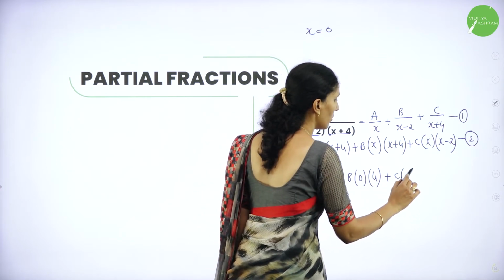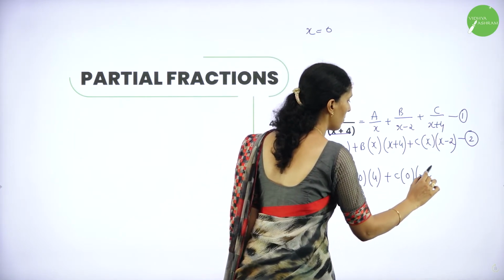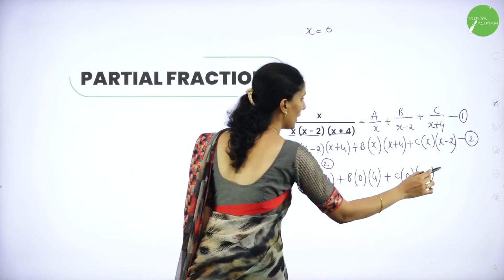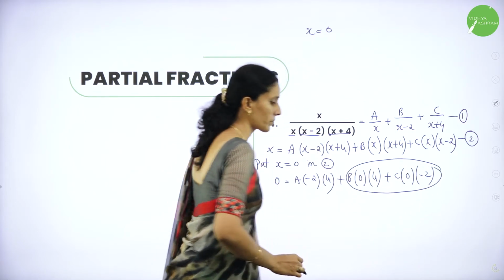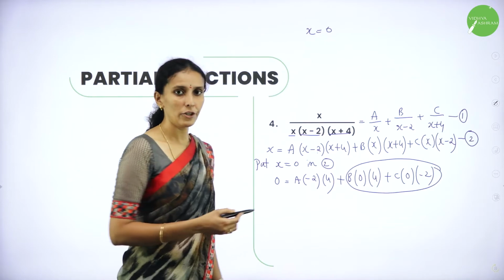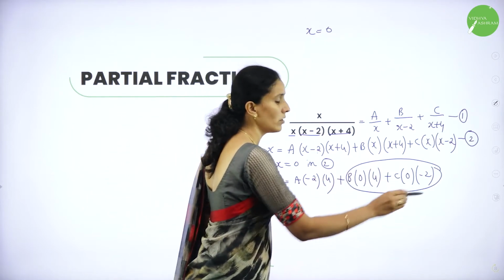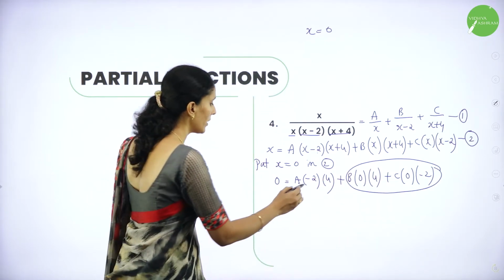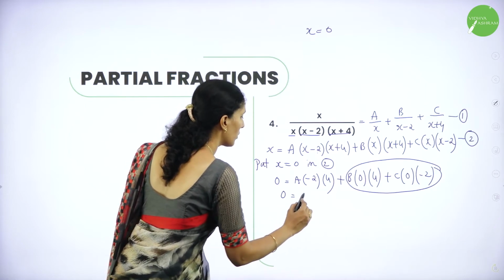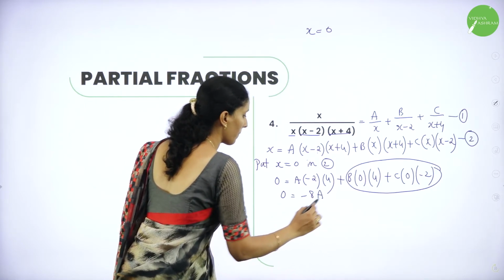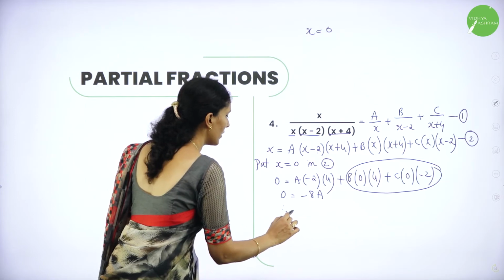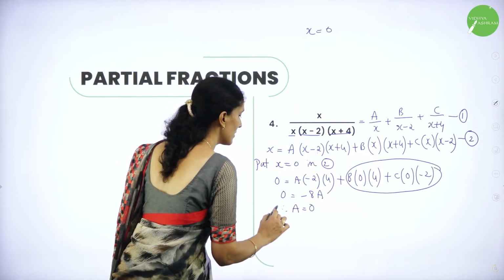C, 0, 0 minus 2, minus 2. This complete term will become 0, because 0 into B into 4 is 0, C 0, minus 2 is also 0. Here we have 0 is equal to minus 8A. So therefore, the value of A is 0.